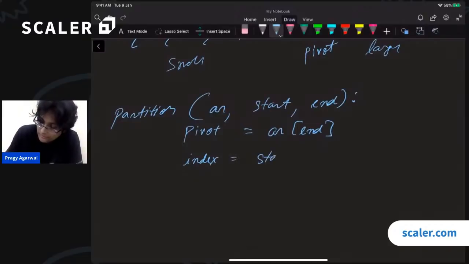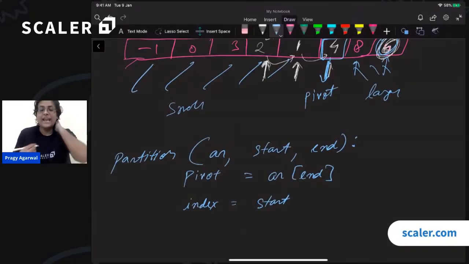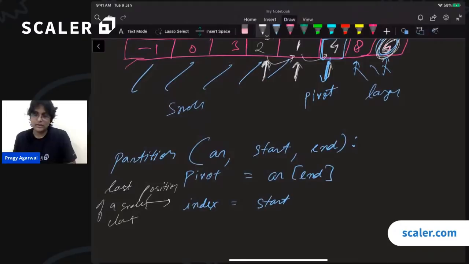Index equals start. What this index signifies is which element I should swap a current element with. This index remembers the last position of a smaller element.